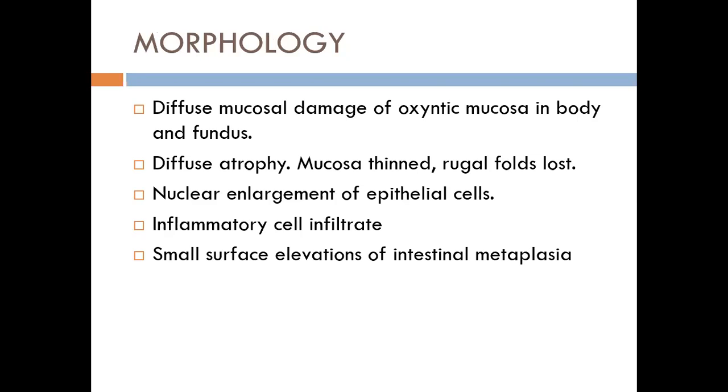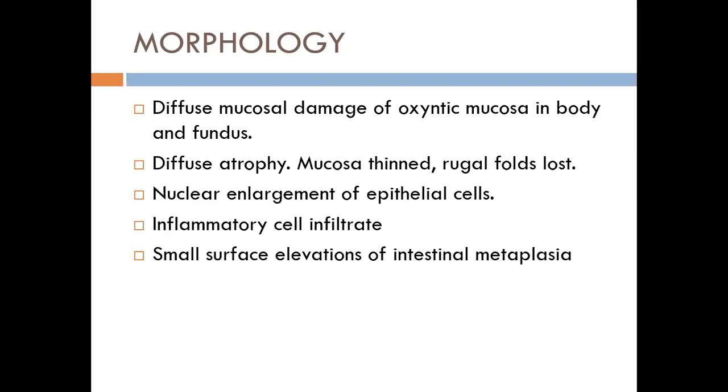So the morphology of autoimmune gastritis: there is diffuse mucosal damage of the oxyntic mucosa in the body and fundus of the stomach. So there is diffuse atrophy, and the mucosa is thinned out.